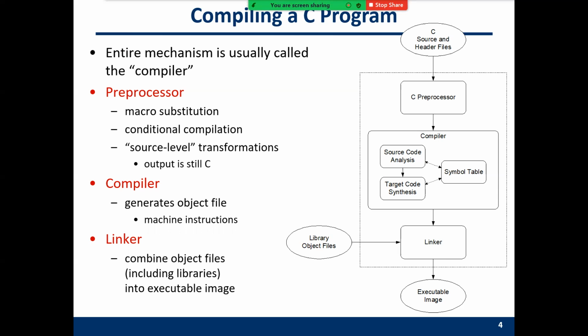And when we have all the source code, we build the symbol table and then do the target code synthesis. Eventually, the linker will generate a binary.